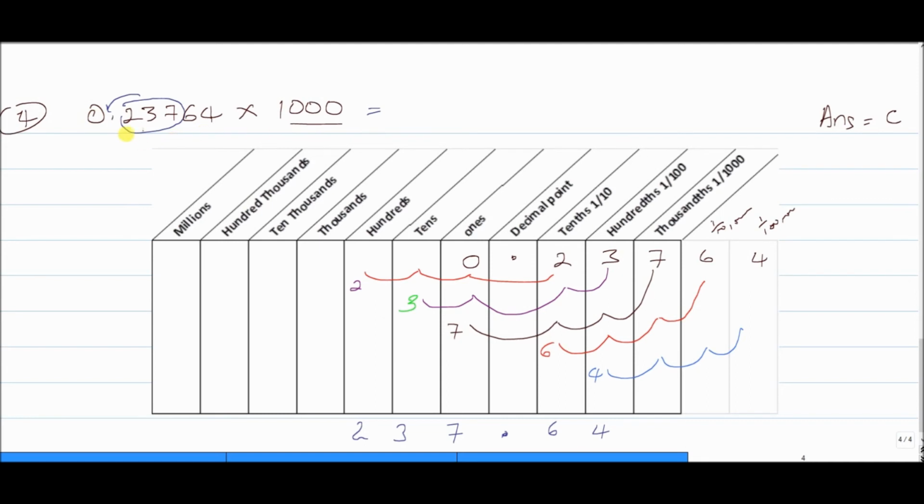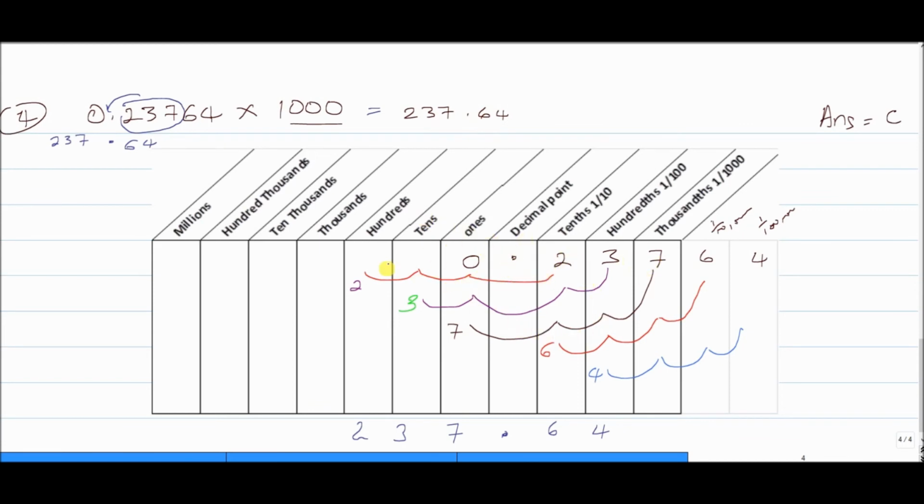So now, wherever this is, we would put our 3 digits there, so it would be 2, 3, 7, maintain our decimal point, and we have 6, 4 behind that. So we could rewrite that as 237.64.